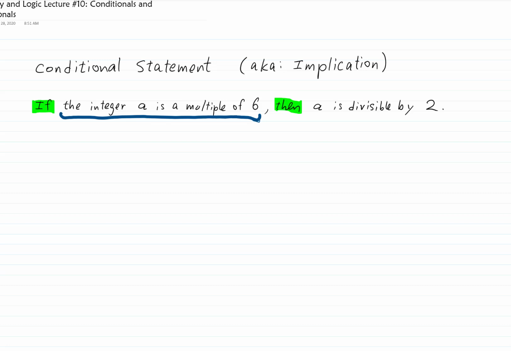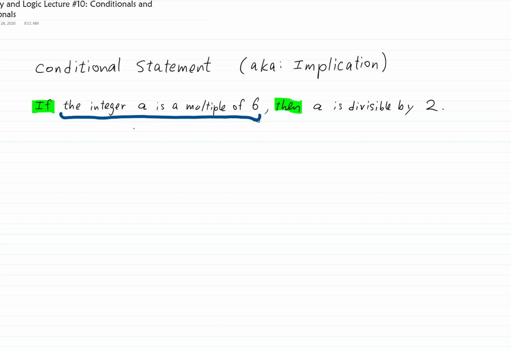Once I plug in an actual number for a, then the open sentence becomes a statement. If I plug in the number 12, then it would be true. The integer 12 is a multiple of 6. If I plug in the number 9, it would be false. Okay, that's called an open sentence.